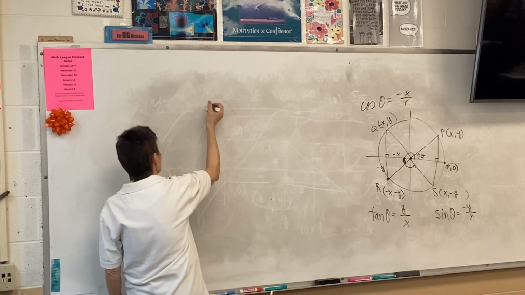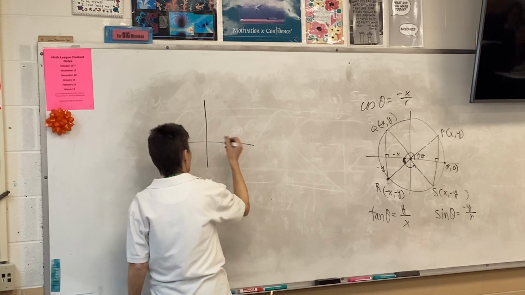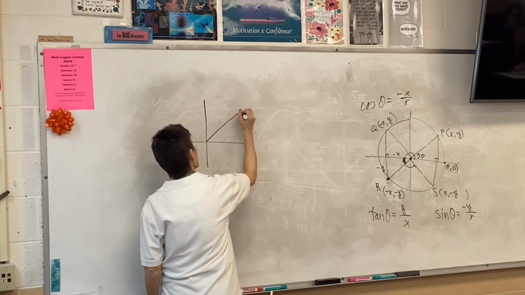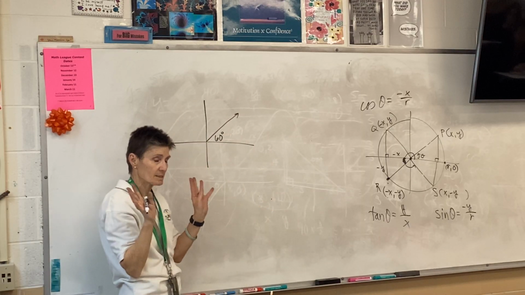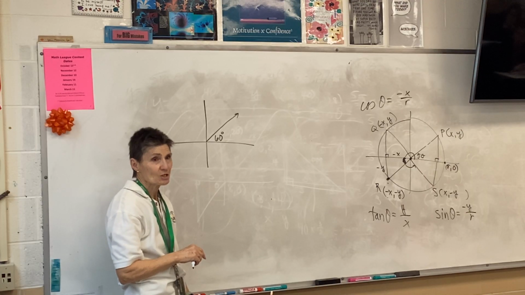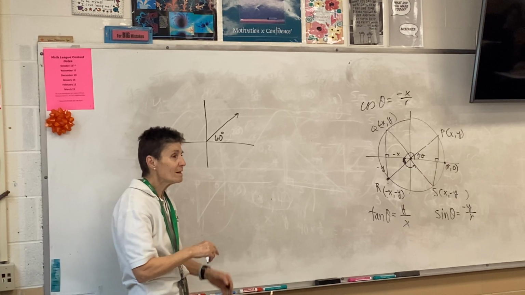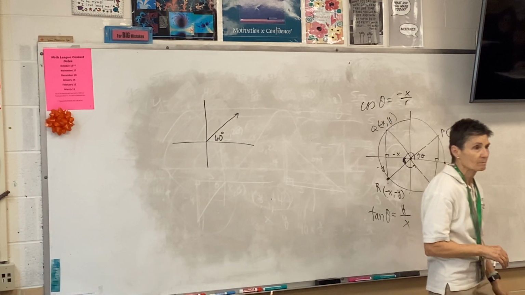Up until this point of your life, and even me yesterday, I said I'm going to draw a 60-degree angle. I knew what that meant, 60 degrees. Does anybody know the definition of a degree? What does it mean to be a degree? Anyone know?